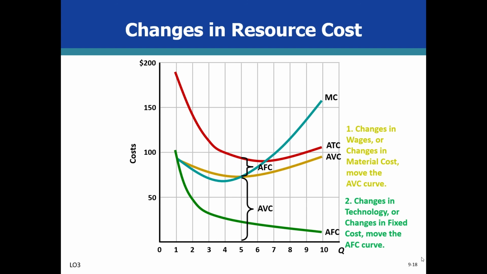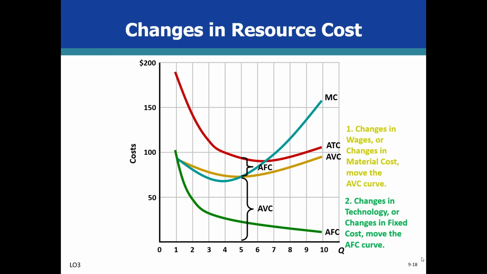So I've tried to relate the gold curve with the gold words on the right-hand side of this chart, that the gold curve of average variable cost is influenced by changes in wages, changes in material cost, changes in the cost of electricity or fuel. They move the average variable cost curve, which obviously has an influence on the average total cost curve. It's the low point where we want to produce.